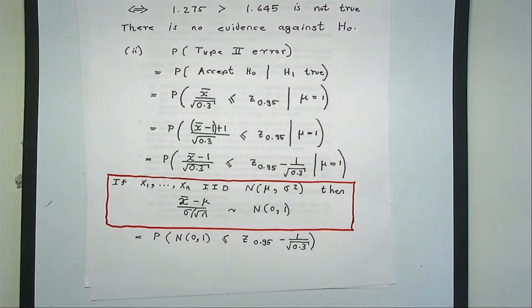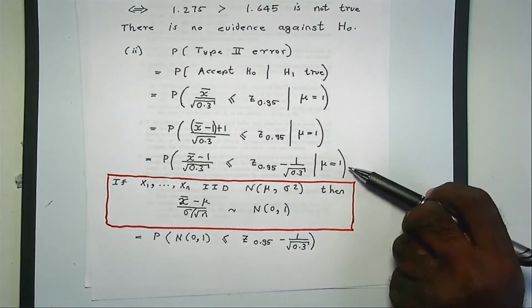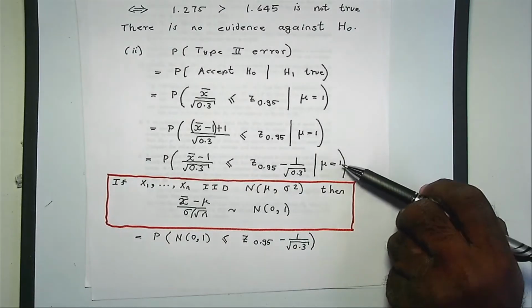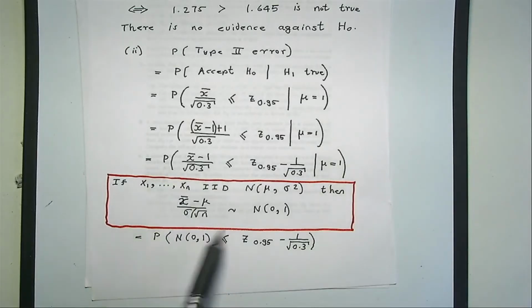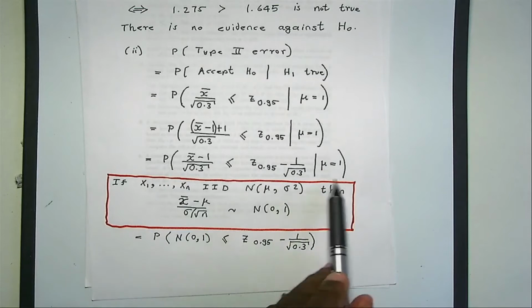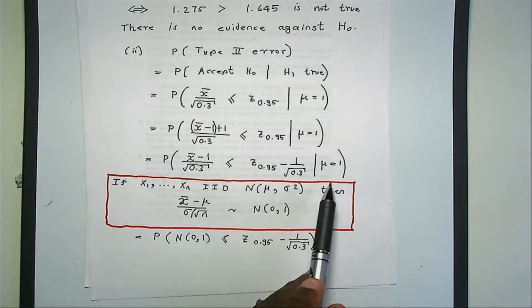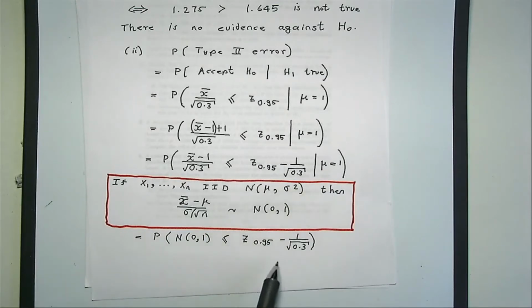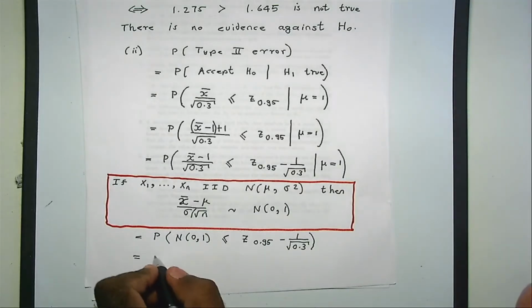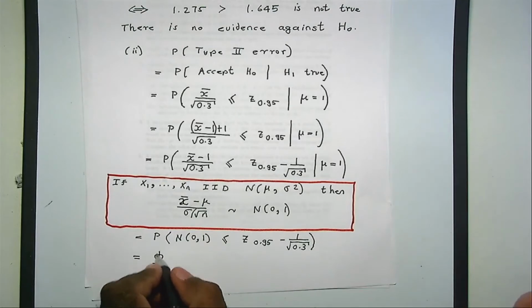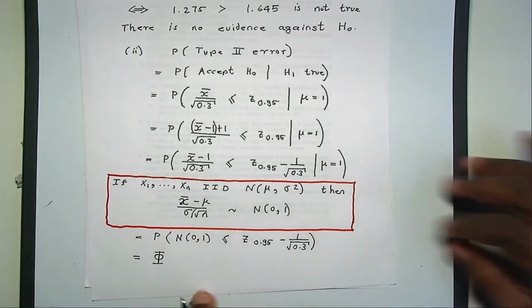All right, now we don't need the conditioning anymore, because the conditioning has been used to argue that this term here has a standard normal distribution. Therefore, we have used the conditioning. Therefore, we don't need it anymore here. Right? Okay. All right. So what you have here is phi. Remember, phi is the CDF of the standard normal.